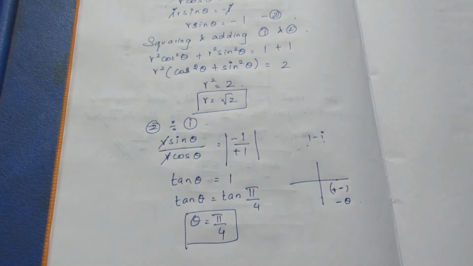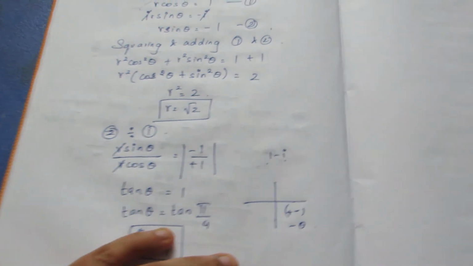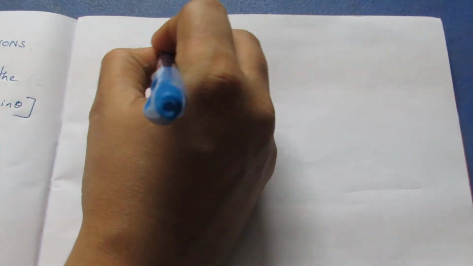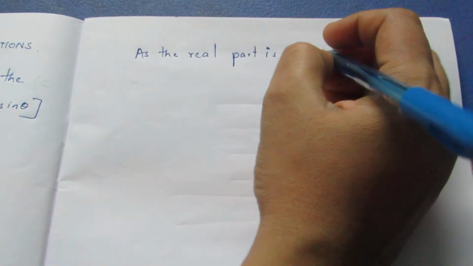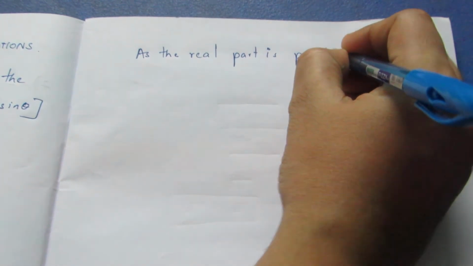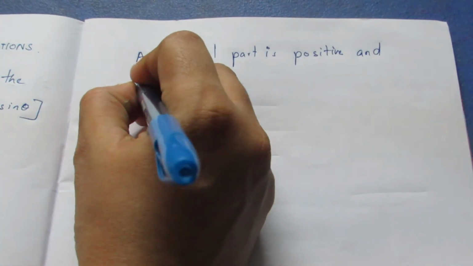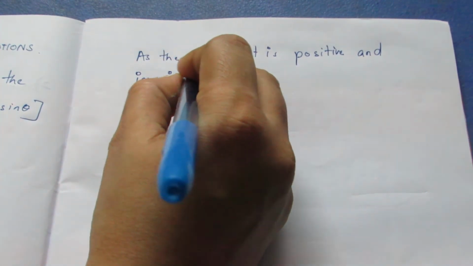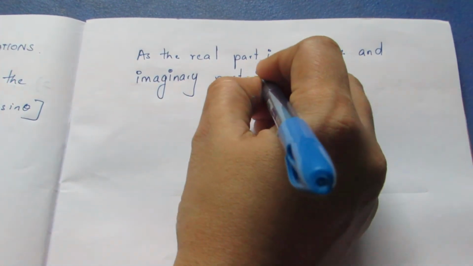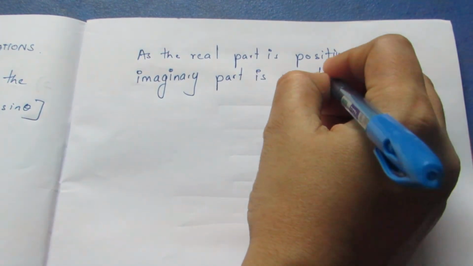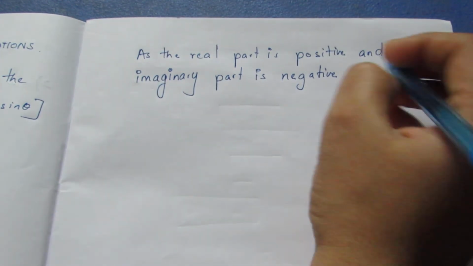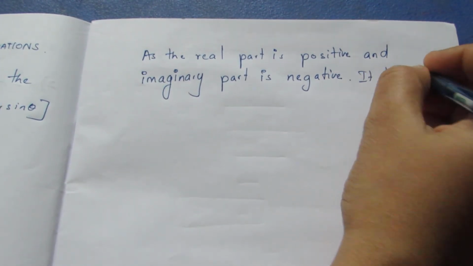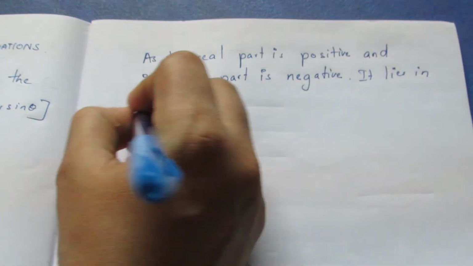So we can write that the real part is positive, because 1 is positive, and the imaginary part is negative, so it is minus i. So 1 minus i, 1 is positive and it is minus i. It lies in the fourth quadrant.